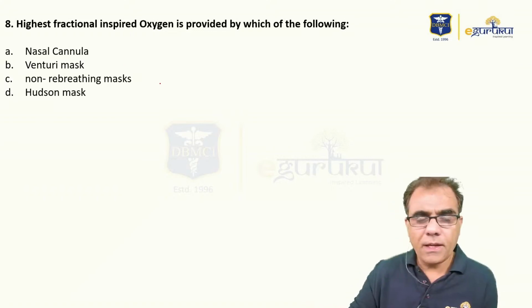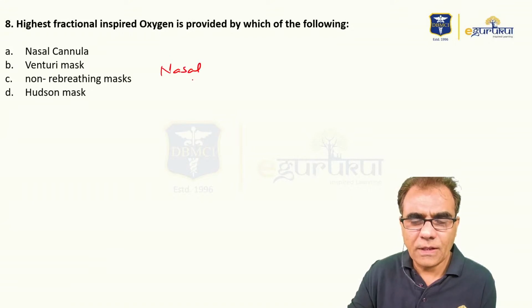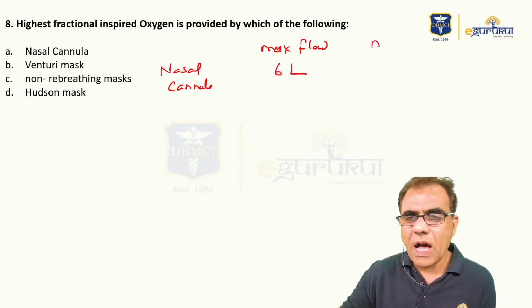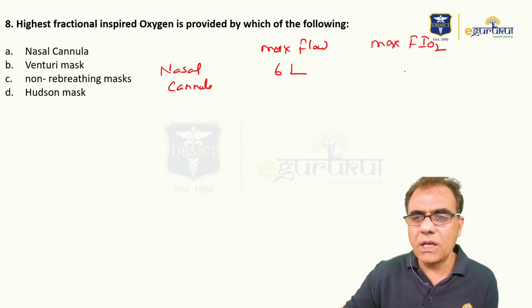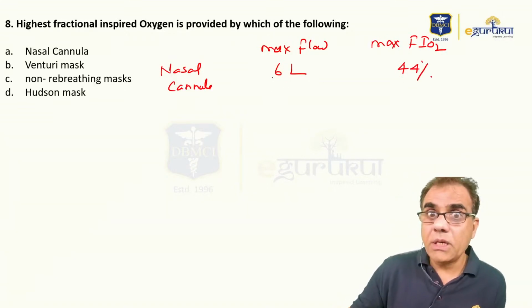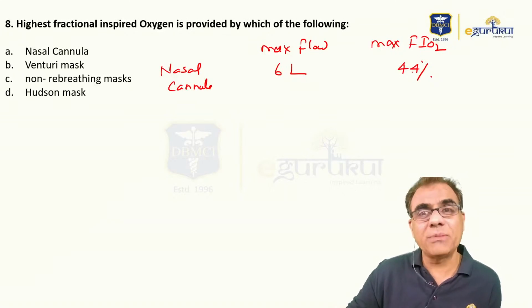So nasal cannula: maximum flow you can keep is 6 liter, and maximum FiO2, that means delivered oxygen, is 44%. This is important, means if you are using nasal cannula at 6 liter, 44 will be there, that is the maximum.